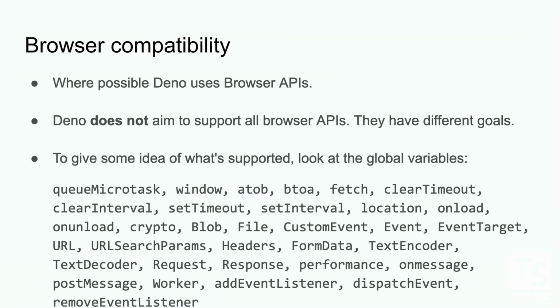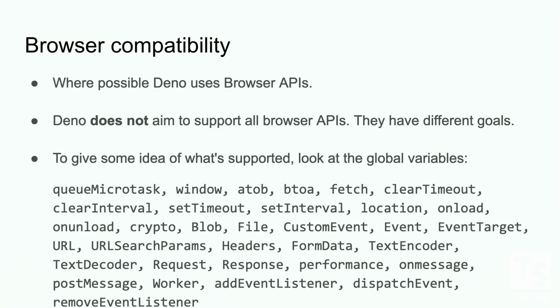Another aspect where we're trying to be different is this browser compatibility thing. Deno is a server-side runtime, in that it's not running websites. So what does it mean to be browser compatible?